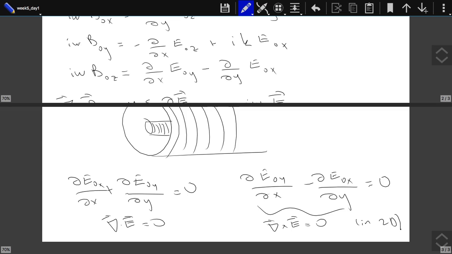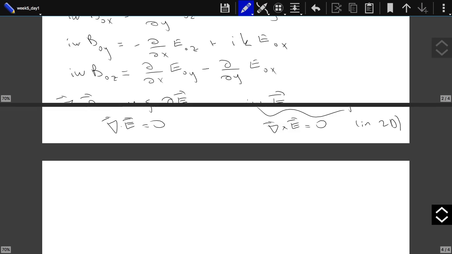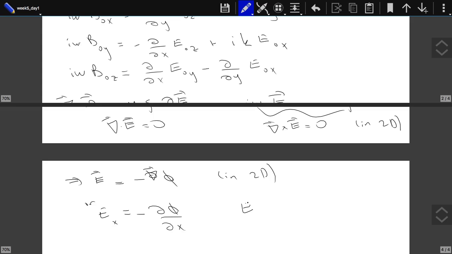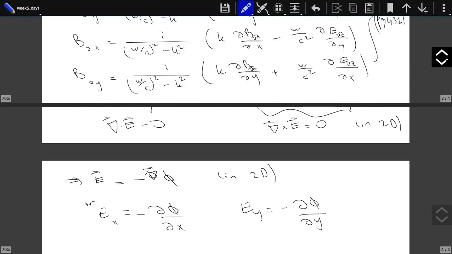Well, we know that the curl of E is equal to 0, this tells me that the electric field can be written as the gradient of the potential, again in 2D, or E0x is equal to minus the derivative of phi with respect to x, and Ey is equal to minus the derivative of phi with respect to y.